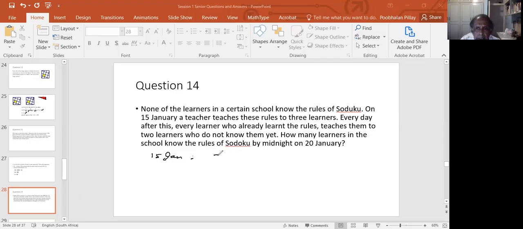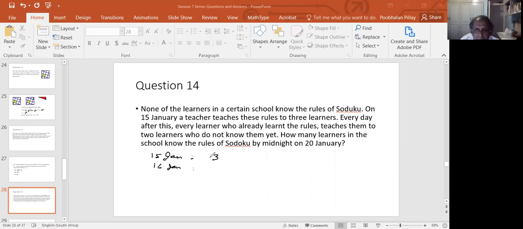So 3 learners now know Sudoku. Right. Now, every day after this, in other words, on the 16th of January, for example, every learner who has already learned the rules teaches them to two learners who did not know them yet.